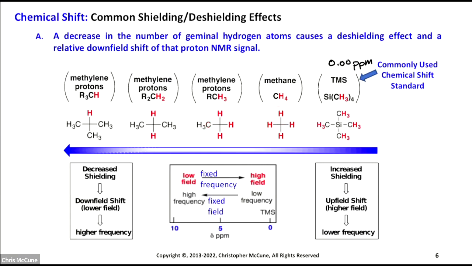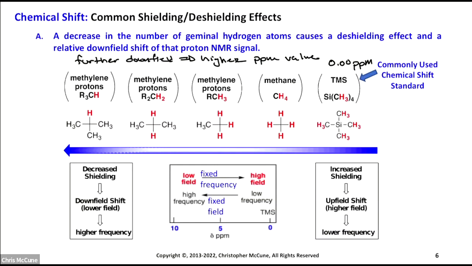As you start to have fewer hydrogens attached to the carbon we're interested in, moving from right to left, the chemical shift gets further downfield, a higher number. Further downfield means a higher ppm value. Further upfield means a smaller chemical shift value.